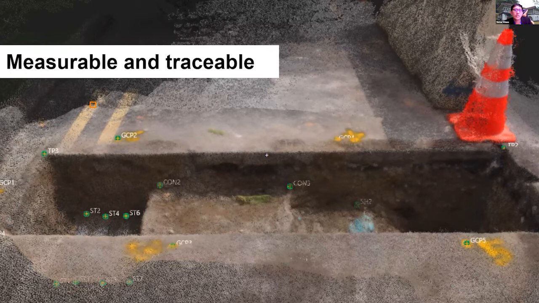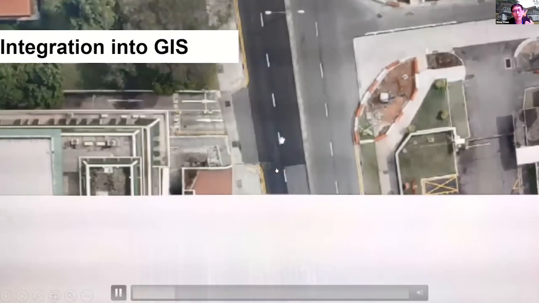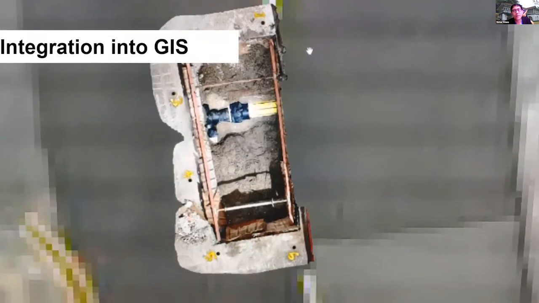So all these 3D information are measurable and traceable, so you can actually see the pipes in very large scale. And with a proper way of storing the data and integrating it into GIS, imagine that all this information are very good information that once you open up the trench, you can see what's inside, and you can share this information with the other person who comes along, and they really don't have to open up the trench anymore.